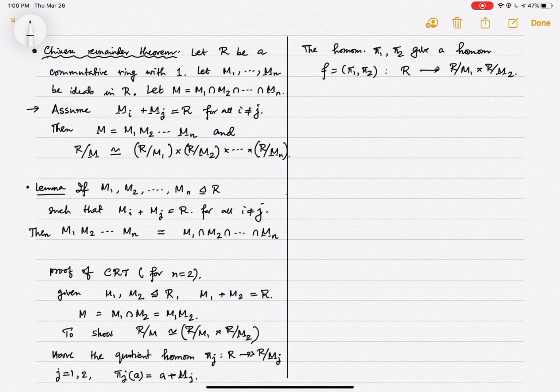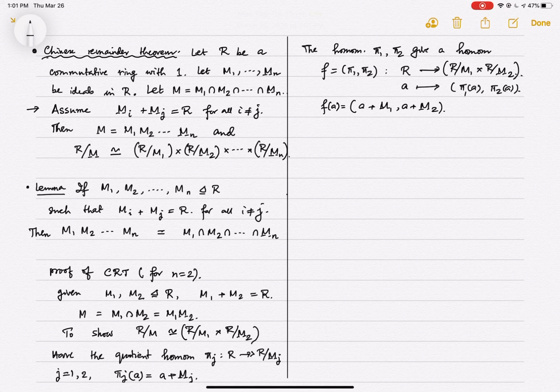And this is basically from the definition of a product. Whenever you have a map from a ring to the individual components of a product, you can put them together and get a homomorphism to the product. So if you give me a, F of a is just (pi 1 of a, pi 2 of a), or F of a is just the coset of a mod M1 and the coset of a mod M2. It's the most obvious thing. And this is a ring homomorphism.